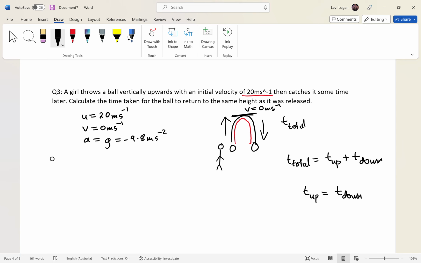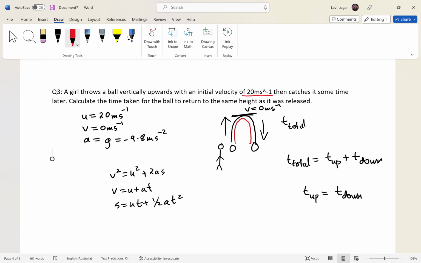So which equation are we going to use? Alright, so let's write our equations. First equation, v squared equals u squared plus 2as. V equals u plus at, and s equals ut plus a half at squared. Okay, so we have our initial velocity, so we can use any of these equations.